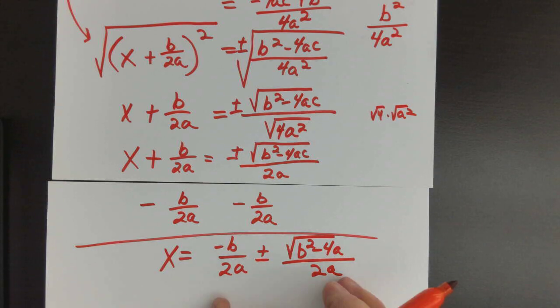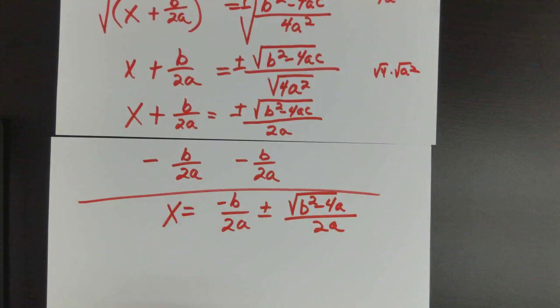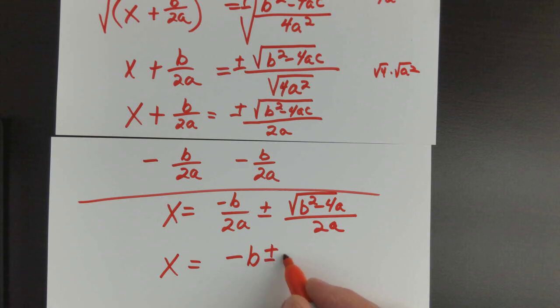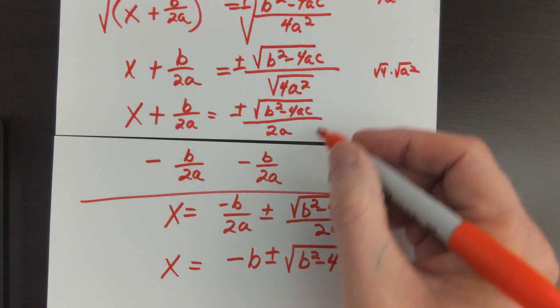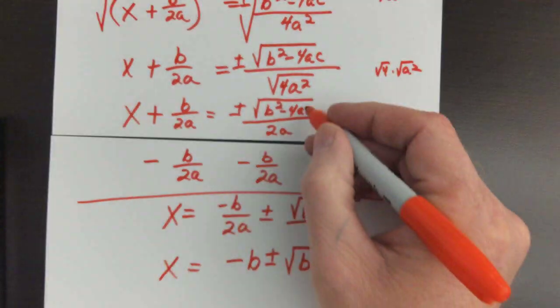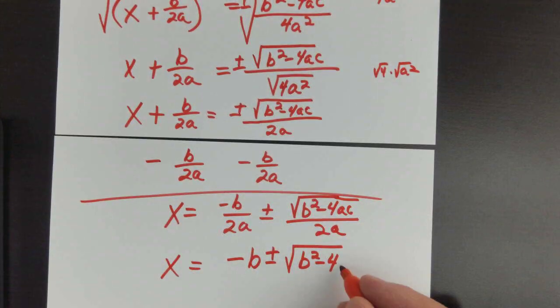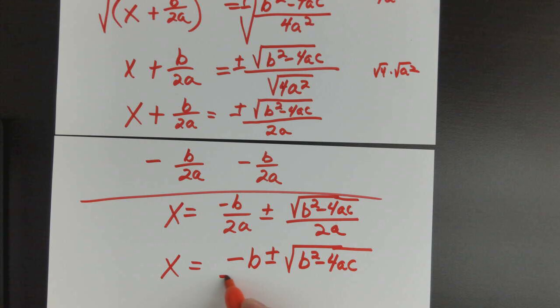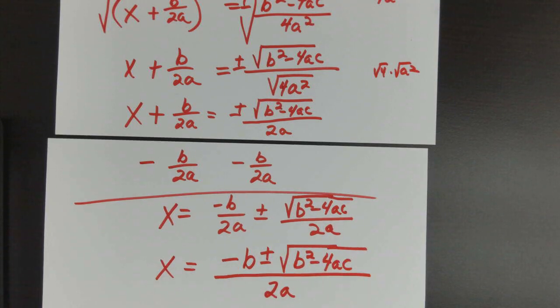And those happen to have a common denominator, is what I meant to say. And so that gives me negative b plus or minus the square root of b squared minus 4, I lost the c there, didn't I? Bring that c down. Negative b plus or minus the square root of b squared minus 4ac. And my denominator over the whole thing is 2a.